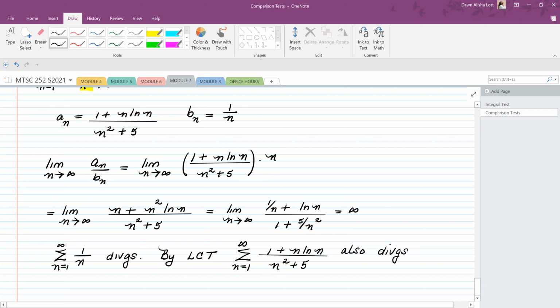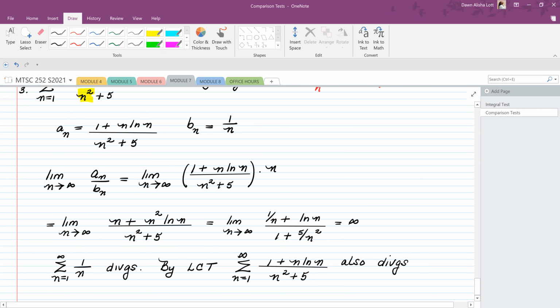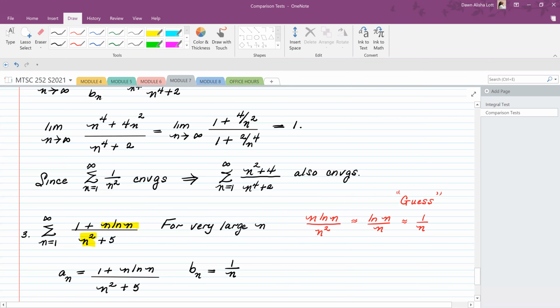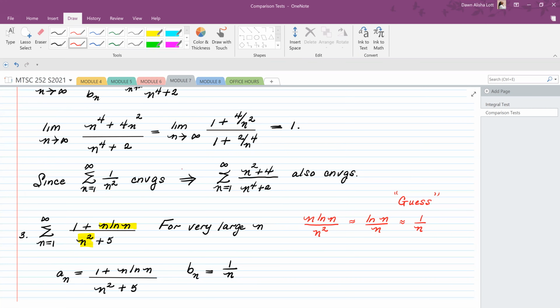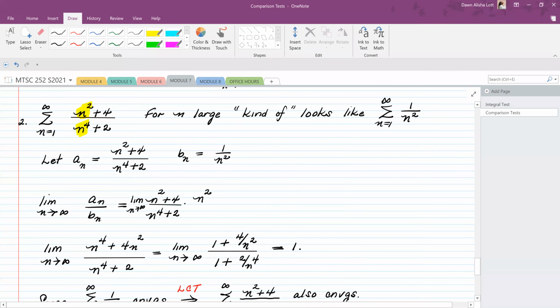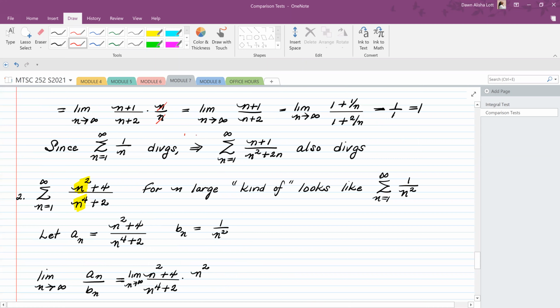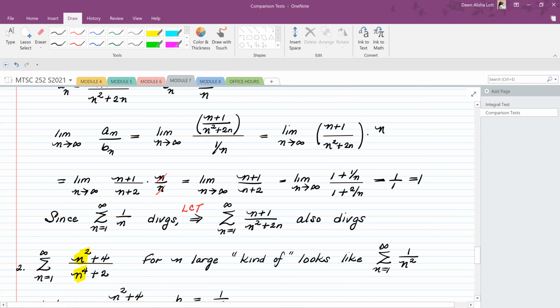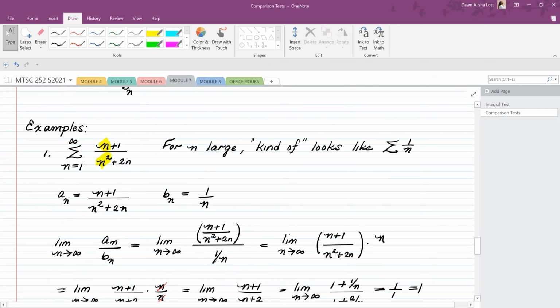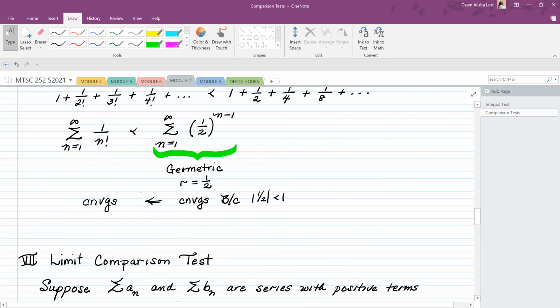Okay, so in each one of these, I wasn't specific, but you need to say by the limit comparison test. And this one, by the limit comparison test. I think in the other ones we used the direct comparison test.